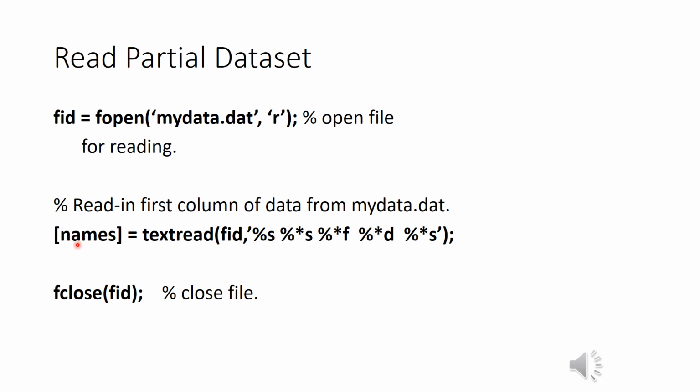So you will read only the first column from the data set. You are not reading the whole data set, but only some partial portion of it. And similarly you can use fclose for closing that file.